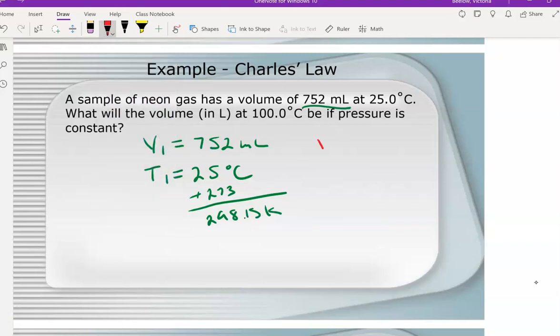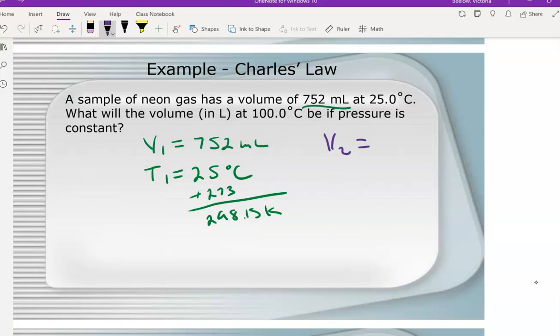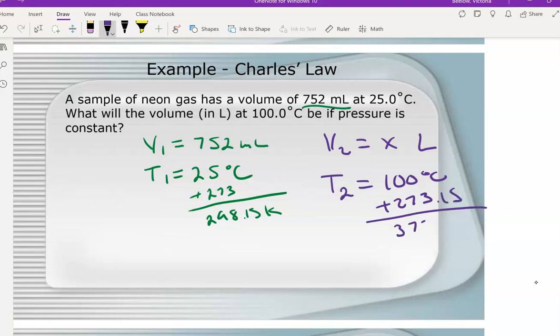And then the question is asking what would be the V2 in liters, that's what we're looking for, if the T2, the new temperature, is now 100 degrees Celsius. Again, immediately convert into Kelvin, okay?